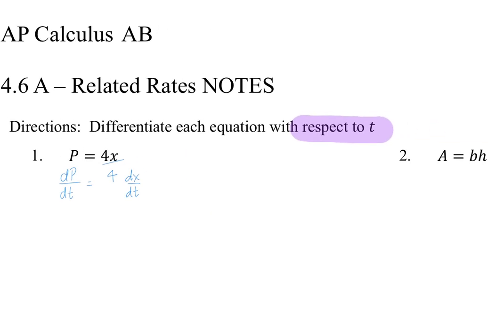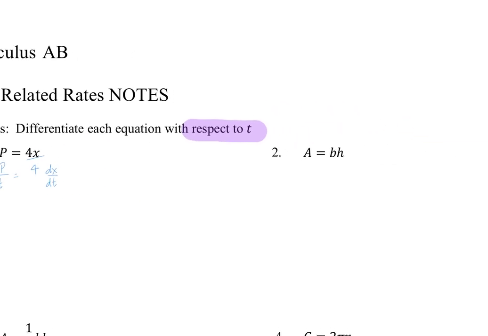Again, I don't think there's a single problem on here that has a t. So here, I'm doing the derivative of a with respect to t, and then this is going to be the product rule: the first times the derivative of the second plus the second times the derivative of the first. Notice these are all derivatives with respect to t.